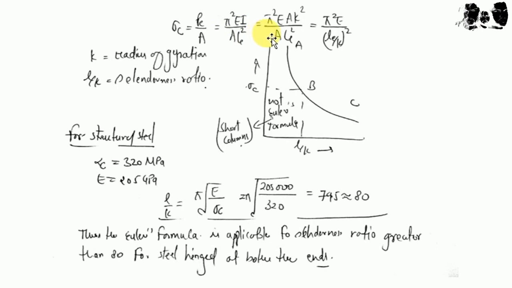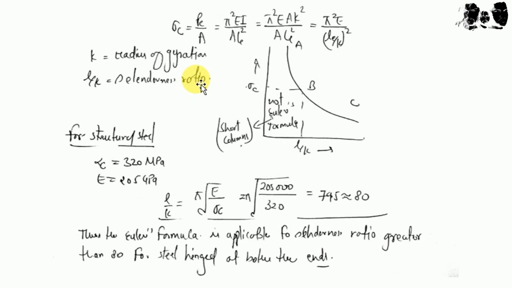And what we did is we placed the value of I, which is the moment of inertia, and by doing so we cancel out the value of A, and lastly we have the formula converged into pi square E upon (LE upon K) to the whole square. Okay, where what is K?